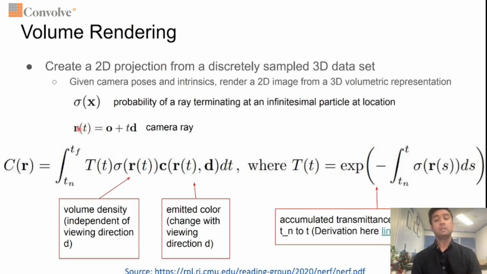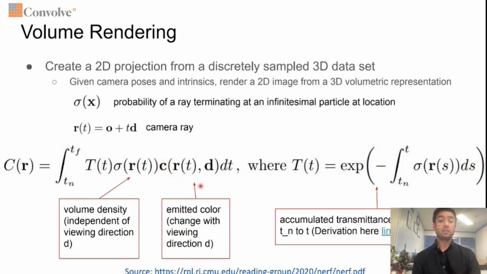In o plus td, r is the camera ray, so o is the origin of the camera, d is the direction, and t is the different intervals at which you are sampling. And this is the entire equation of volume rendering. It's kind of a lot of math, but you can think of it in a simple way.